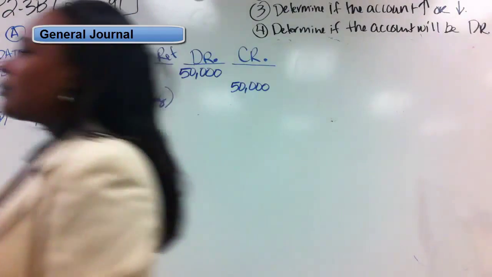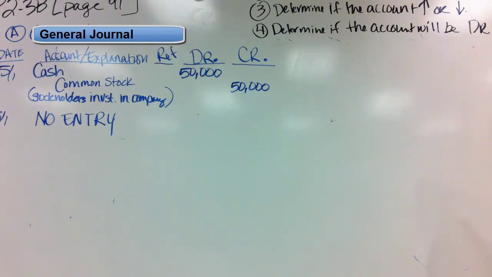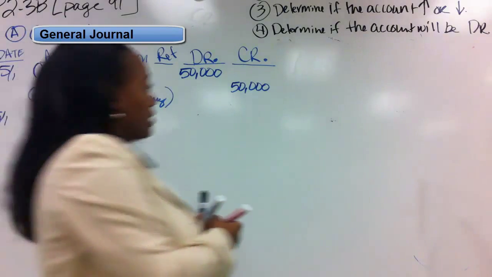Okay, next one. This is the third entry, and it says the date is May 1st. We have signed a 2-year rental agreement on a warehouse, paid $2,400 cash in advance for the first year. Prepaid debit, prepaid rent, and credit cash. So, we're going to identify the accounts.